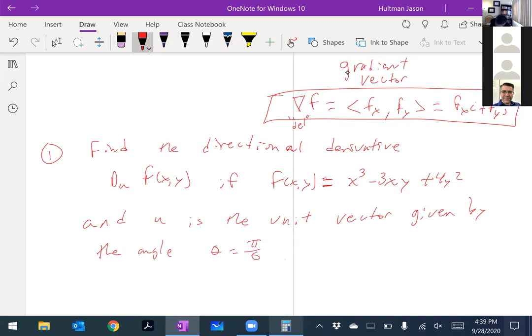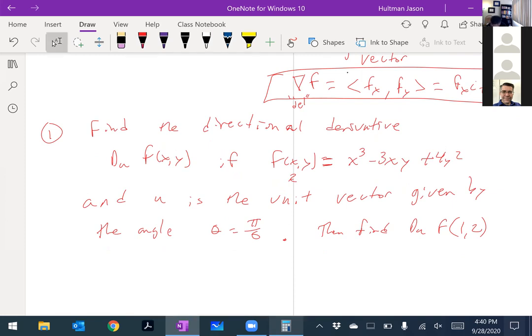Then find the directional derivative of f at the point 1, 2. I mean, it would be 1, 2, and then whatever z is. You could be in 3-space.